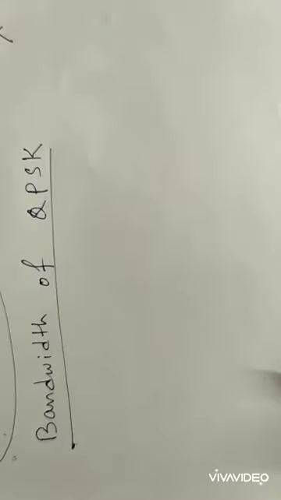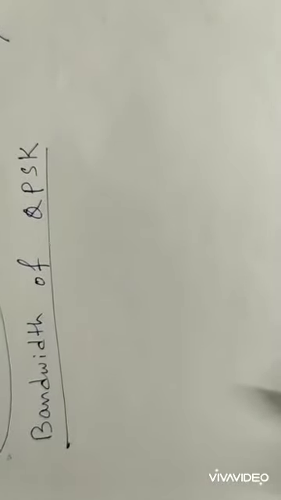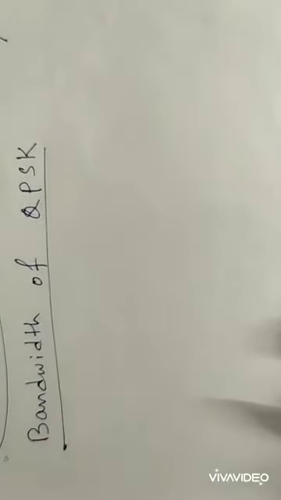Then I multiply this pulse with a sinusoidal signal, and in the frequency domain the sinc pulse is moved to frequency omega c as well as to frequency minus omega c, and from that signal I calculated the bandwidth. If you do not understand, go to my previous class on bandwidth of PSK or bandwidth of ASK.